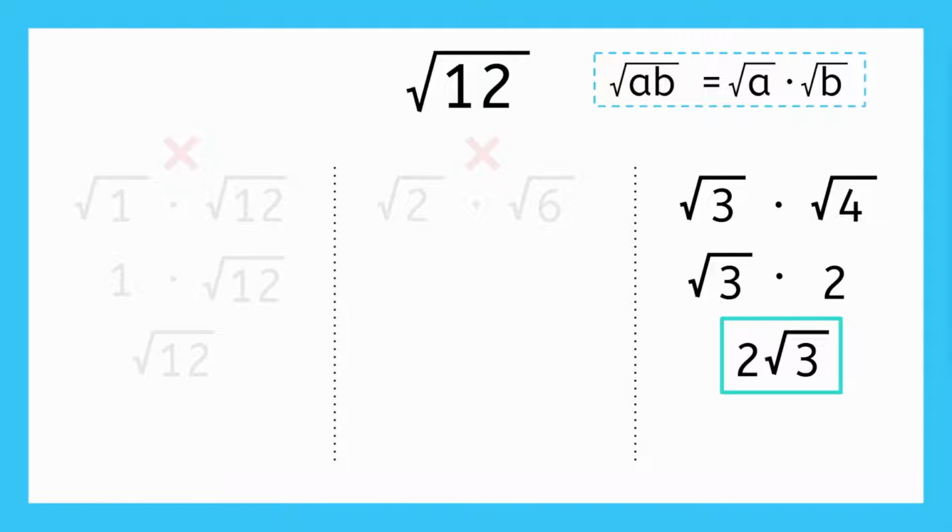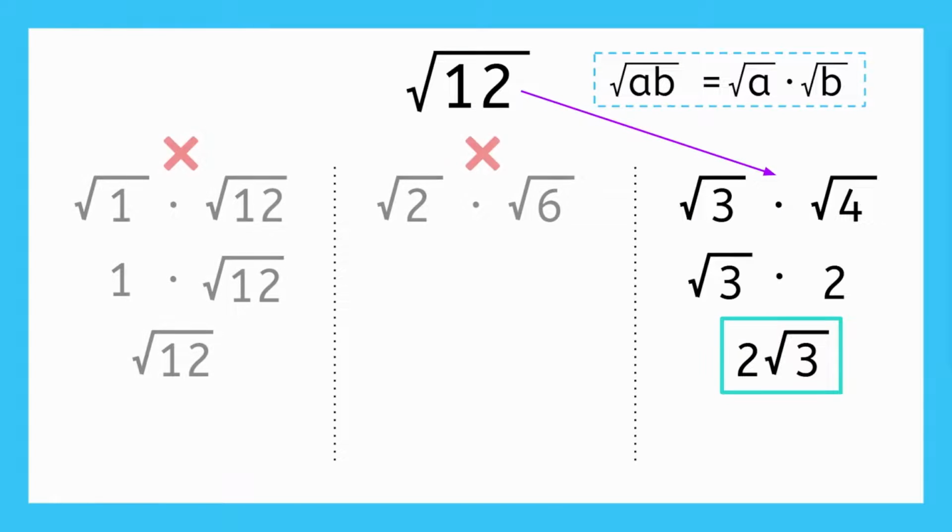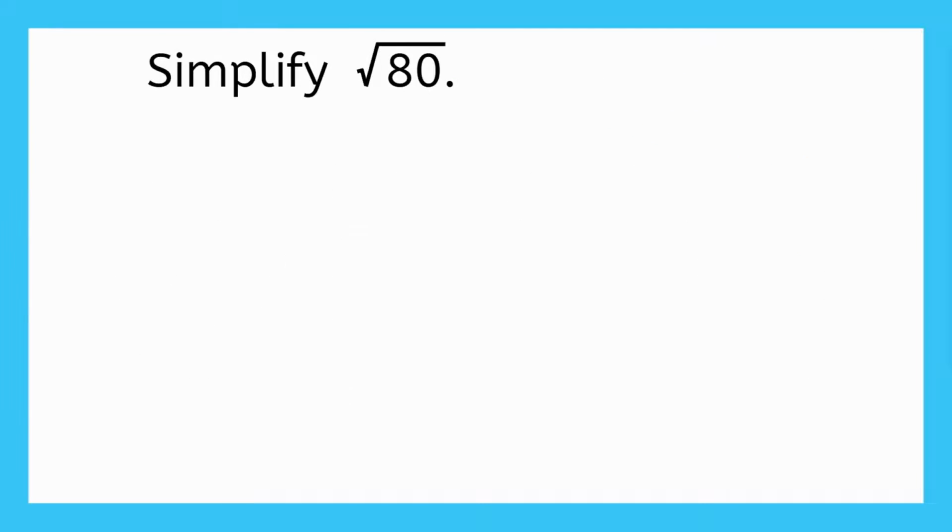To simplify radicals, we can split the radicand into factors, but we need to be intentional about which factors we choose. Like we saw with this example, the helpful factor set included a perfect square that wasn't 1. Let's try it again. We need to simplify the square root of 80.